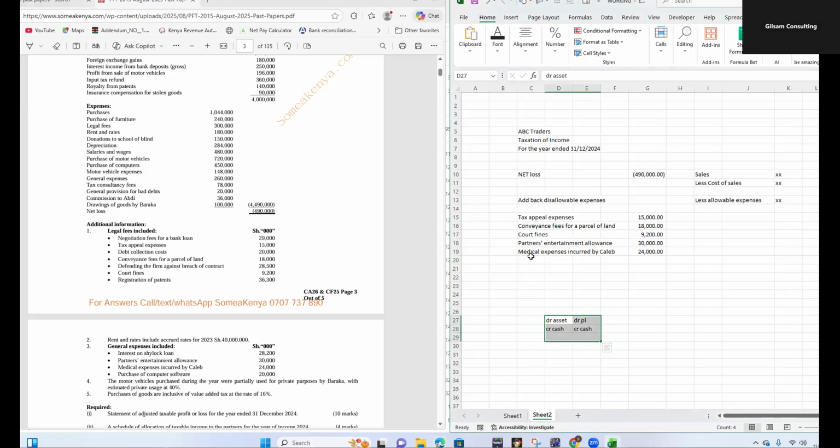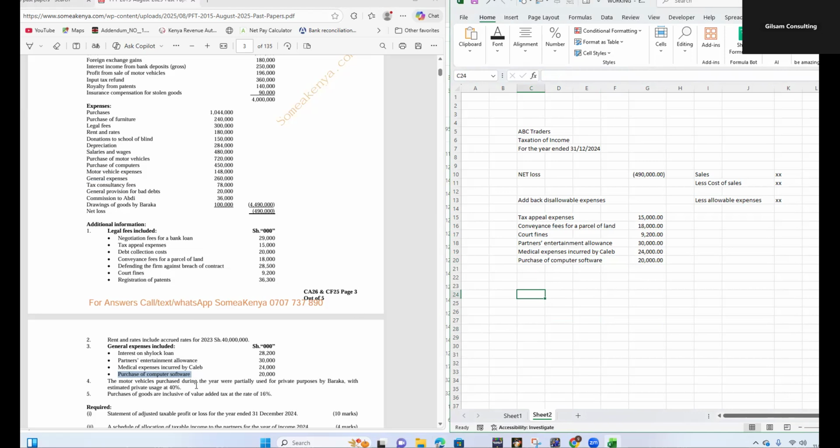So we will add back here and subtract 25%. So say purchase of a computer, that is 20,000. And then, yeah, we are done with that.